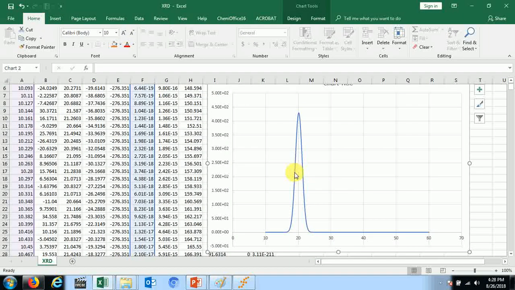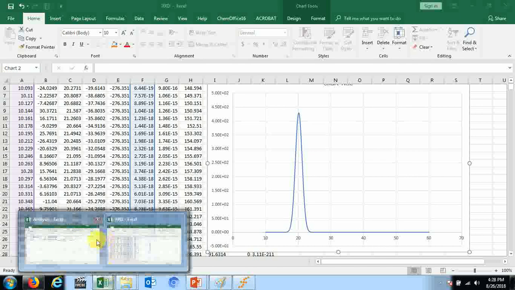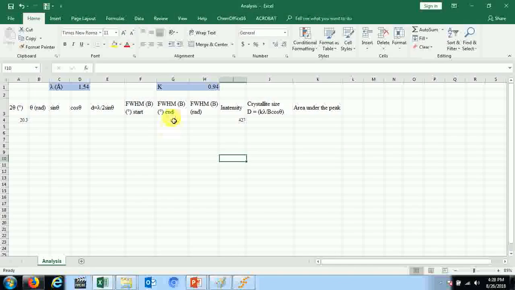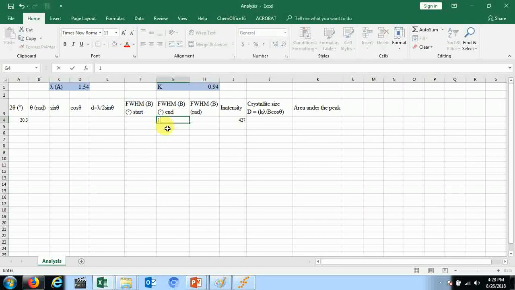So nearly 213, it may be considered as 213. Yes, near 213, it is around 18.96. 2 theta value is 18.96.